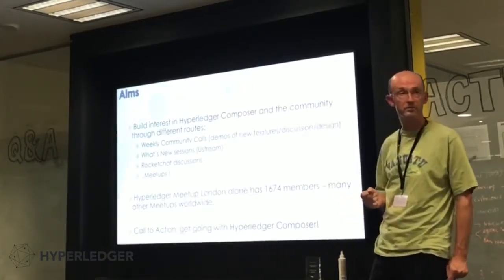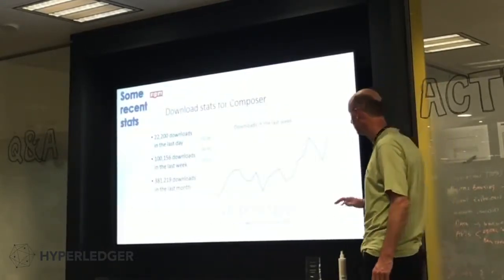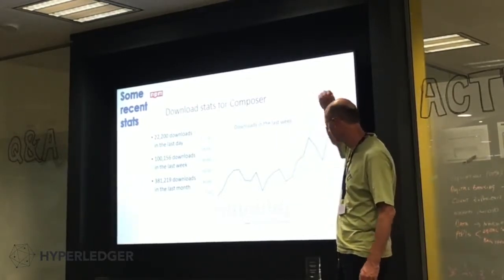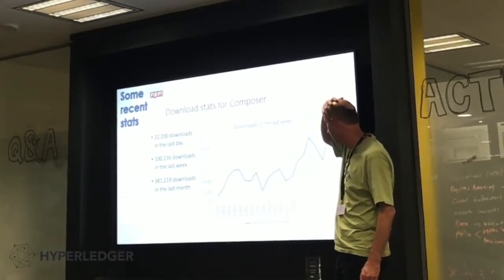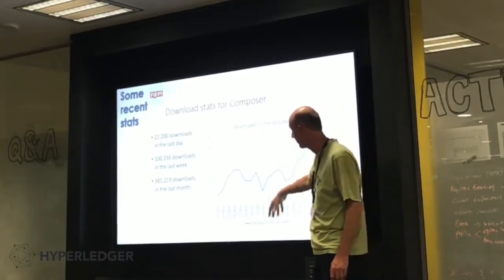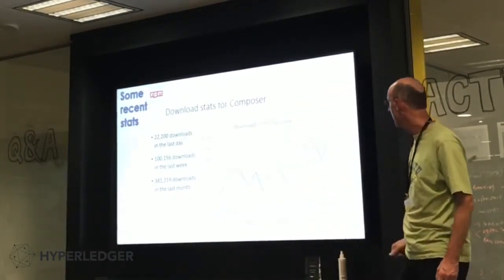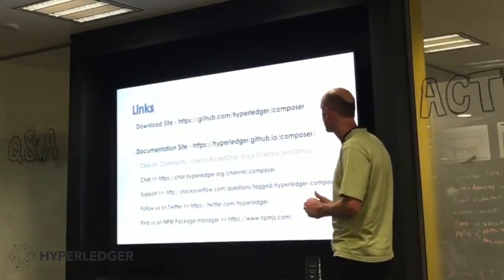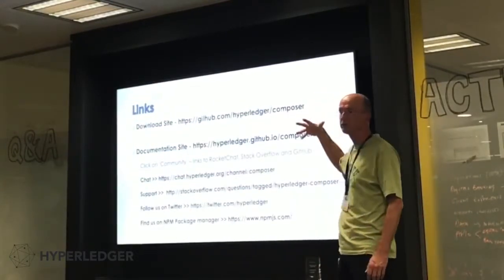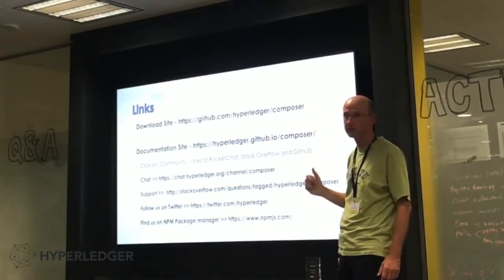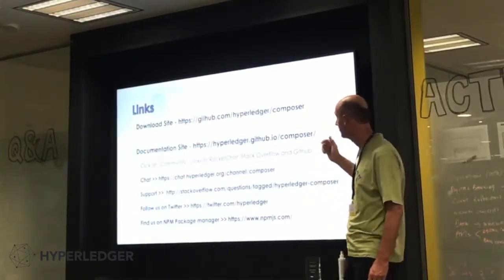If you go on to the next slide, just some general download stats, not really to impress or anything, but quite a lot of people are downloading it. Some of the stats, which you can just quickly flit over, if you go on to the next slide. Again, these will be shared with you, so if you can find them easily from Google, we'll share this material with you anyway, so you can go straight to the links.